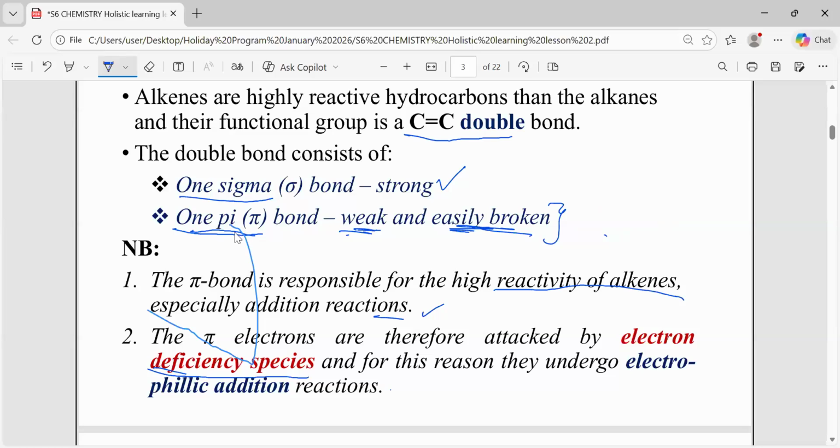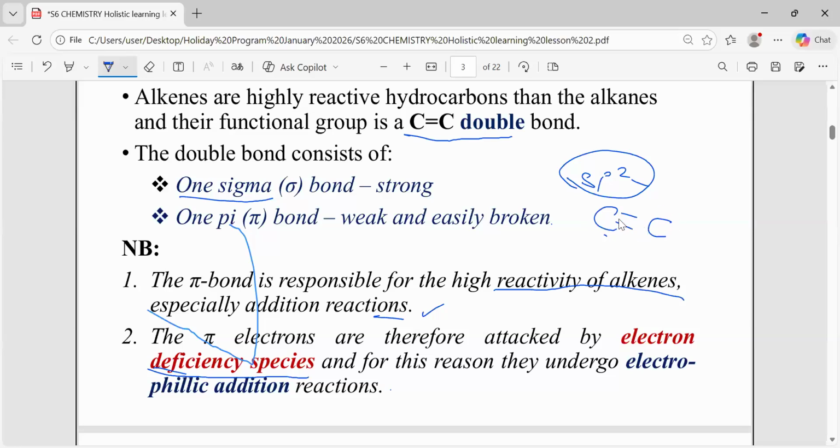So Anita, when you talk about pi electrons, last time in our first lesson, we looked at hybridization. Through hybridization, we say that alkenes undergo sp2 hybridization. And it is through this hybridization that we see the sigma bond and the pi bond form between the carbon atoms of alkenes.